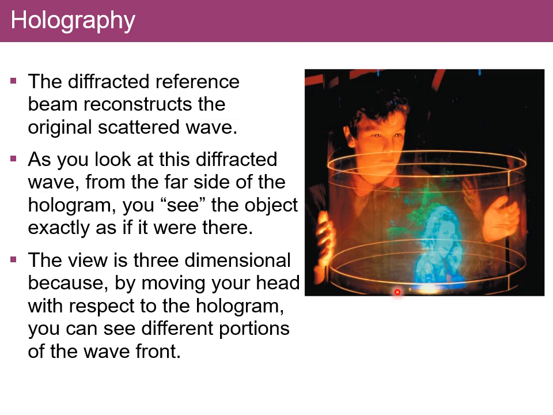The diffracted reference beam reconstructs the original scattered wave. As you look at this diffracted wave, from the far side of the hologram, you see the object exactly as if it were there. The view is three-dimensional because by moving your head with respect to the hologram, you can see different portions of the wavefront.